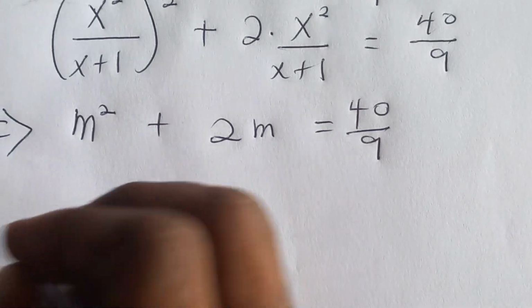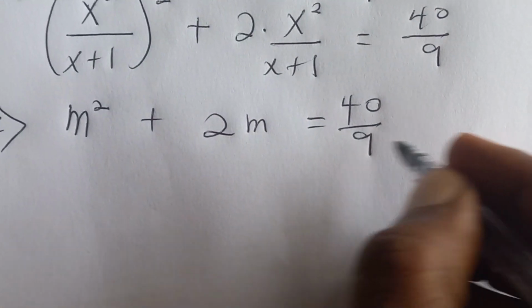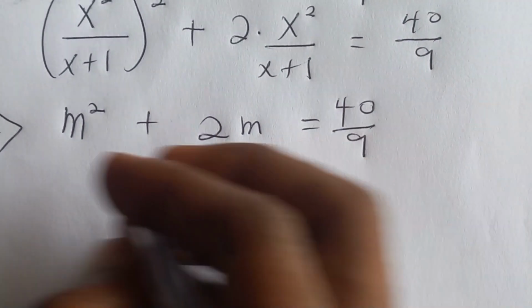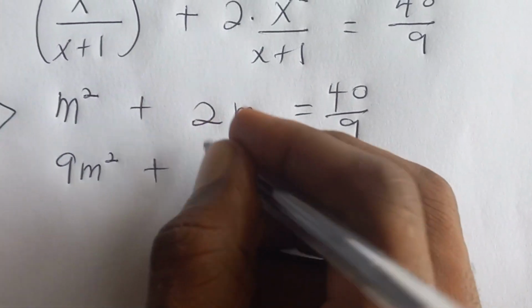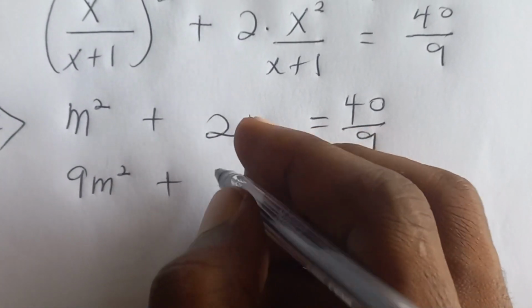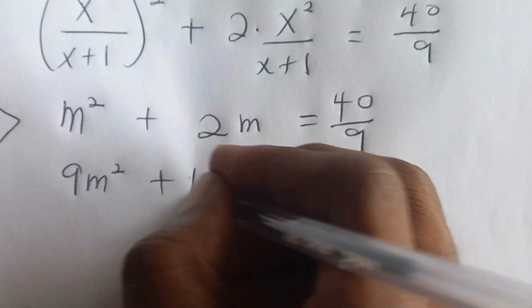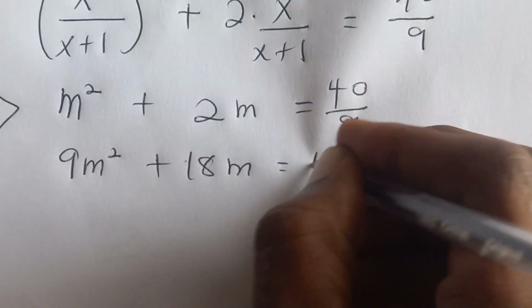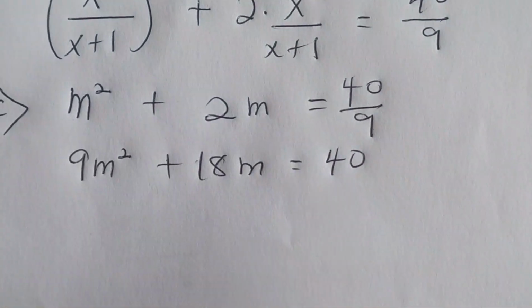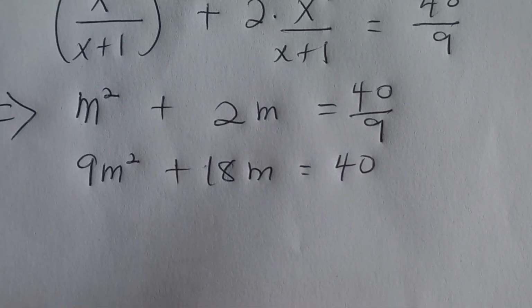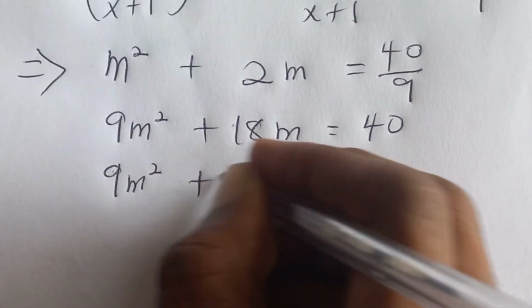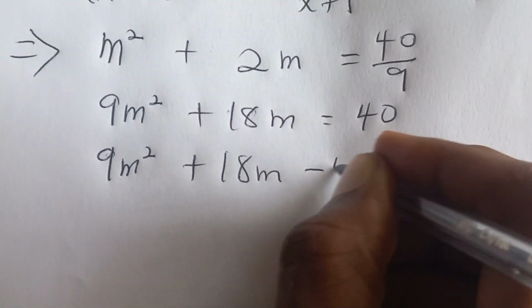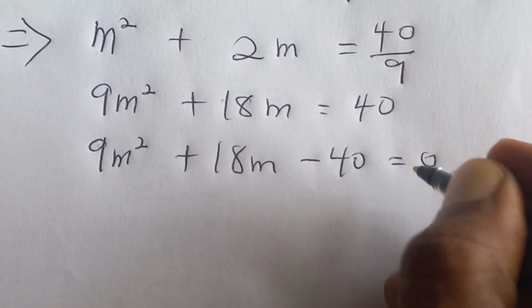So we are having this, we can multiply both sides by 9. So this one will give us 9m squared plus 9 times 2 is 18, so 18m is equal to 40. So you can get 9m squared plus 18m minus 40 is equal to 0.